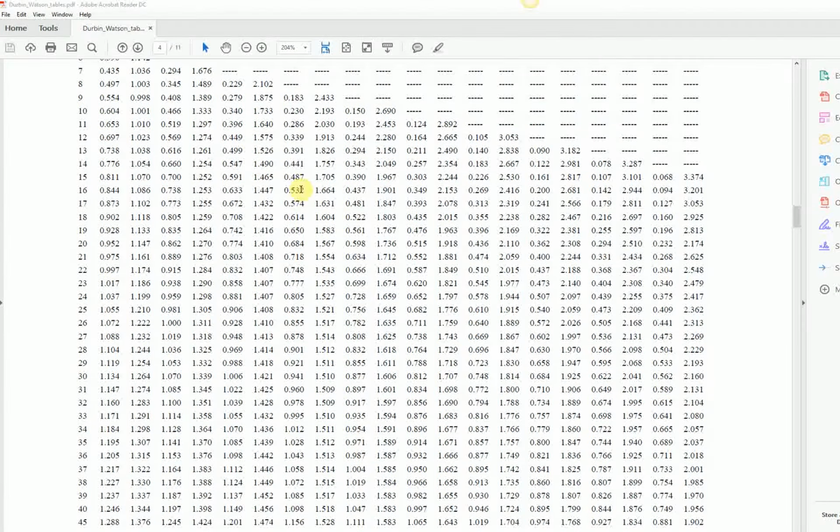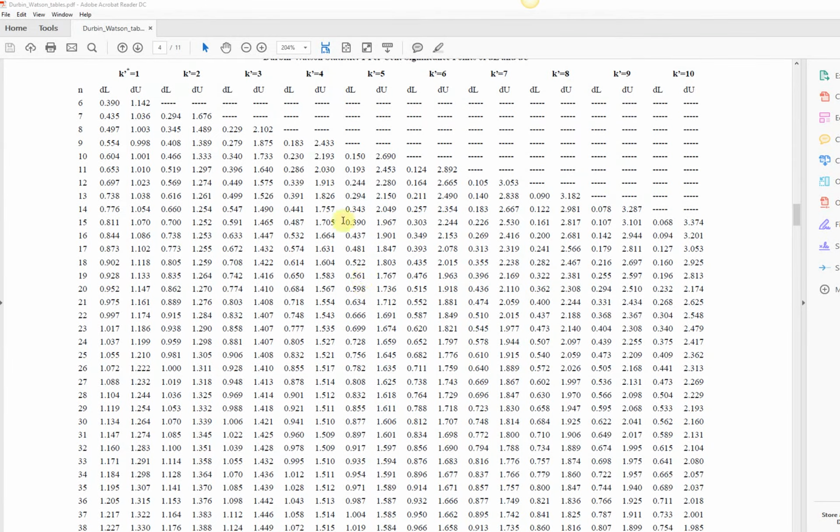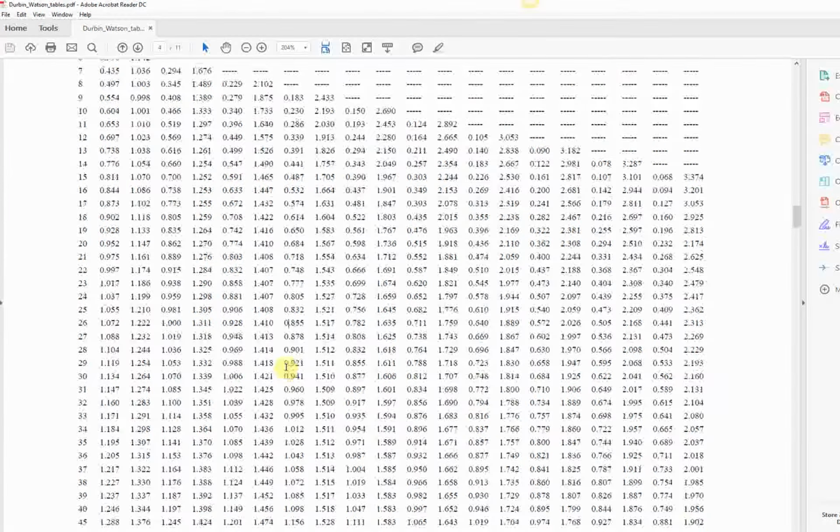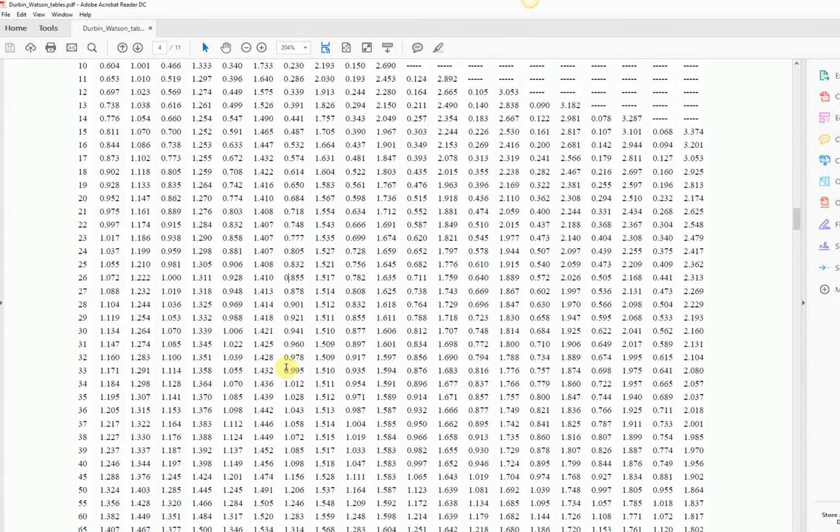So this is the column that we're going to mainly focus on, and we're just going to keep scrolling down until we get down to 50 or thereabouts. Down here at 50, you can see that we have a lower bound of 1.206 and an upper bound of 1.537, and our value actually falls within that bound.